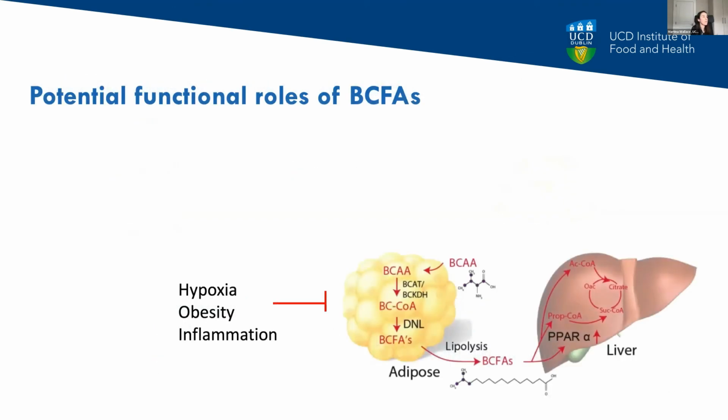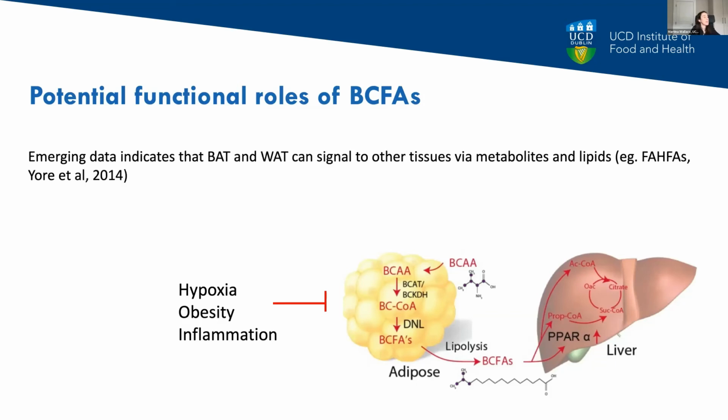And what we think might be happening, or what functional role these might be playing, is they may act as a signal to the liver. We do have some preliminary data indicating they can activate the transcription factor PPAR alpha. In addition to this, there's also emerging data indicating that brown adipose tissue and white adipose tissue can signal to other tissues via metabolites and lipids.